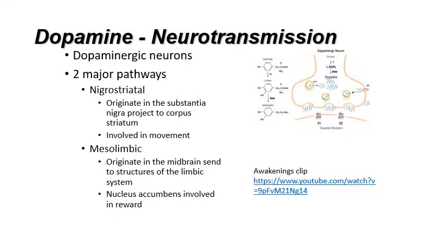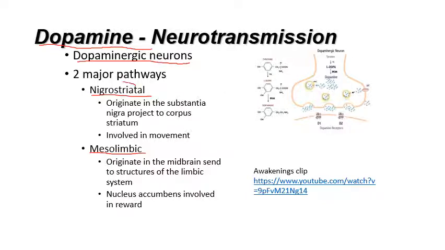And another one of the monoamines, the dopamine we saw, was derived from tyrosine. All right, that's a single amino acid. And we have dopaminergic neurons. Okay, there are two major pathways to realize: the nigrostriatal, okay, and the mesolimbic.